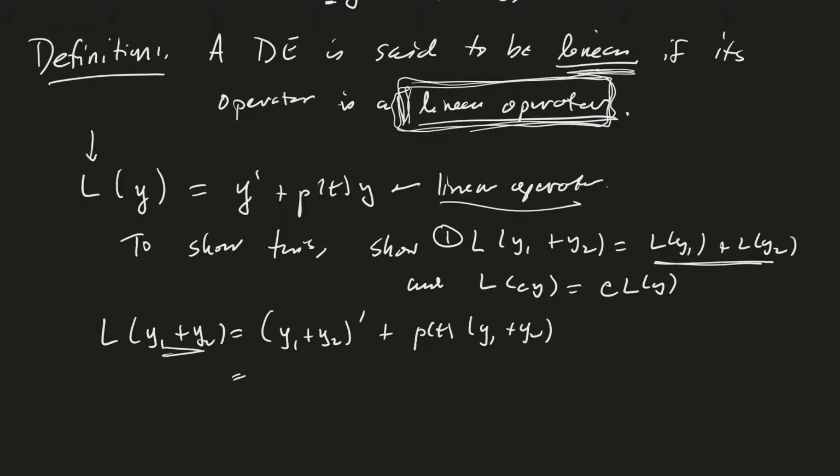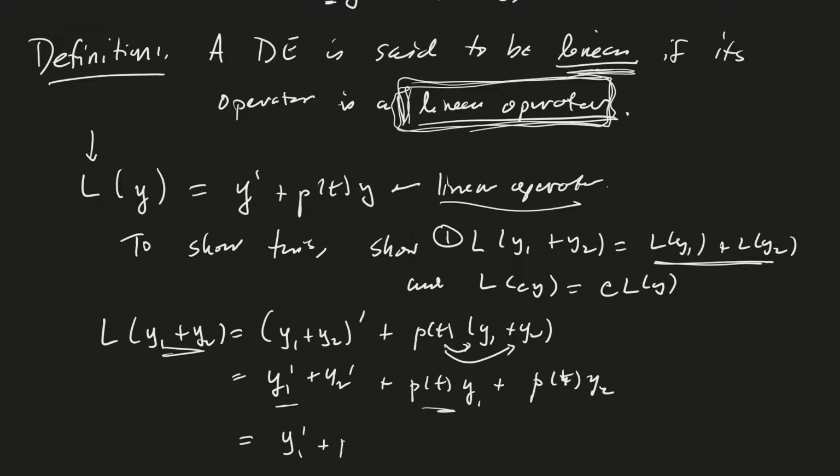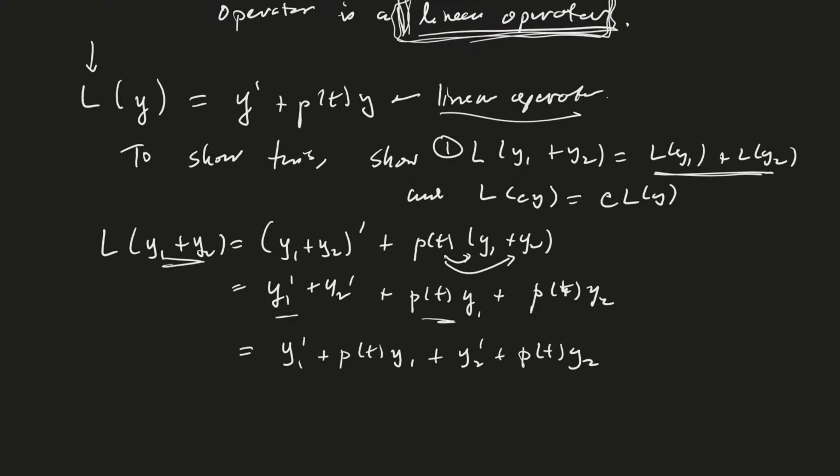And now we know that the derivative can be broken apart, and we know that I can multiply through by p of t. And now I can reorganize. So put the y1s together, put the y2s together, and what do you have?